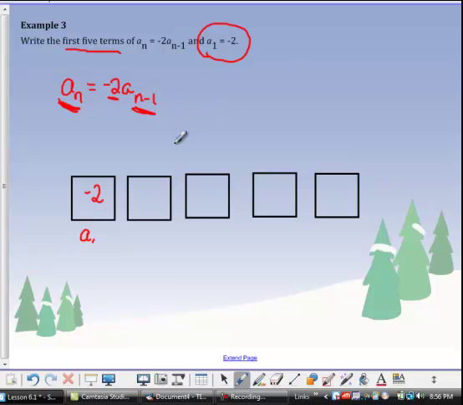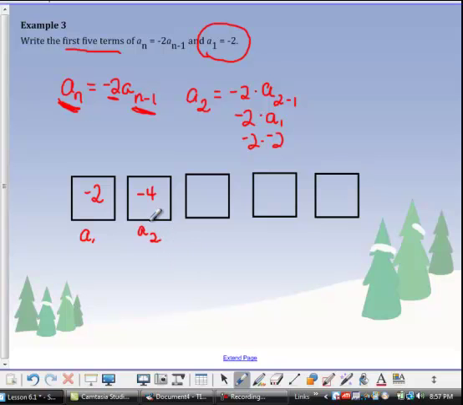So, in other words, to find the second term of the sequence, we have to take -2 and multiply it by A 2 minus 1. Well, A sub 2 minus 1 is A sub 1. Oh, and A sub 1 was -2. So my next term is -4.